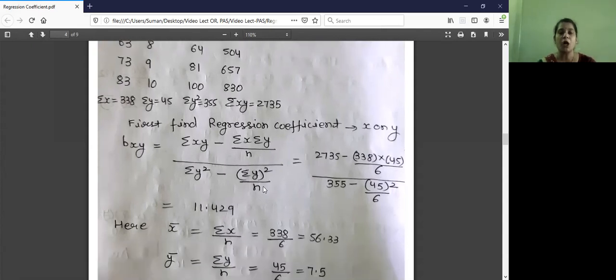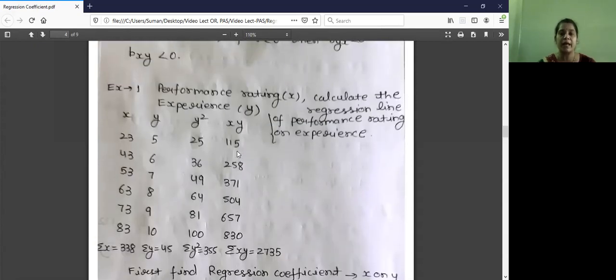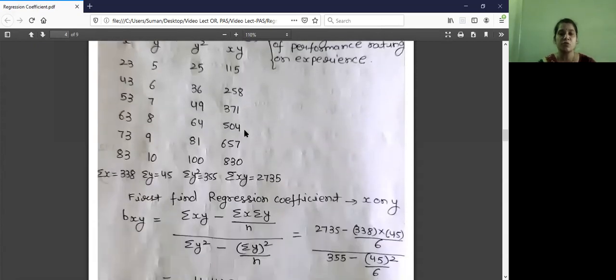So we put all these values, summation xy. Don't be confused. First you hide the summation. Once you hide the summation, which column should you have? The column of x into y, and after that the sum of all these values.